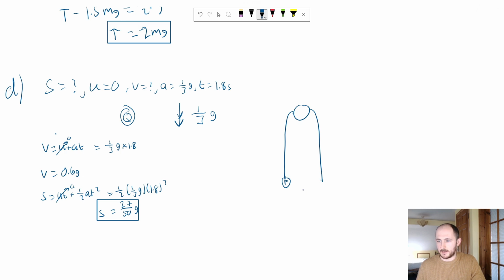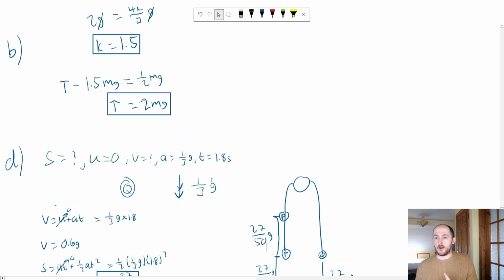That's P, that's Q, and there's a floor down here. Now, Q has dropped 27 over 50 g. That means P must have started off at 27 over 50 g. Correct? But now it's moved up. So Q has ended up down here, and P has ended up somewhere up here. So it's gone up by another 27 over 50 g.